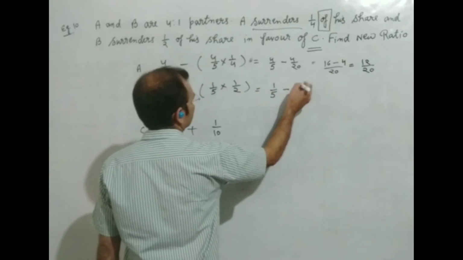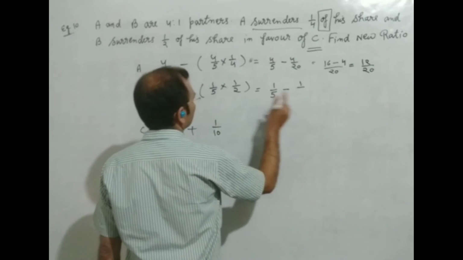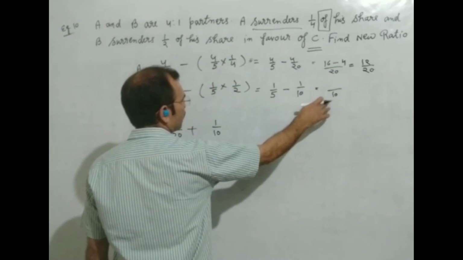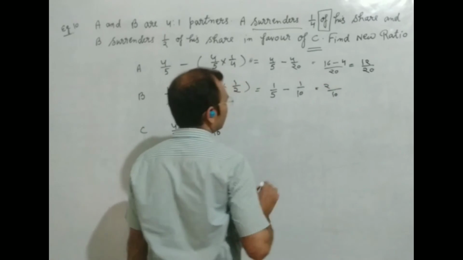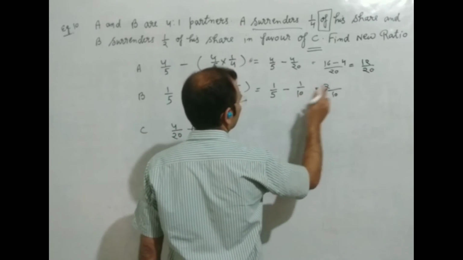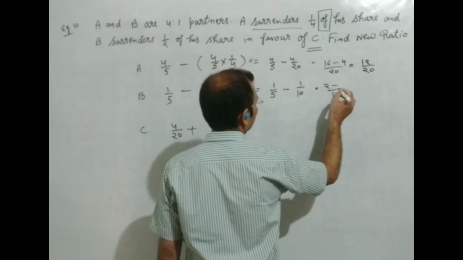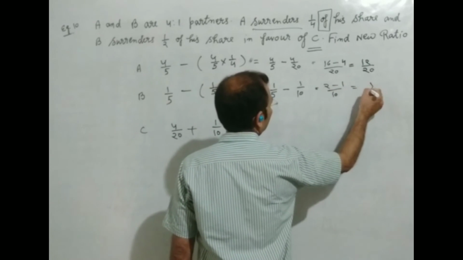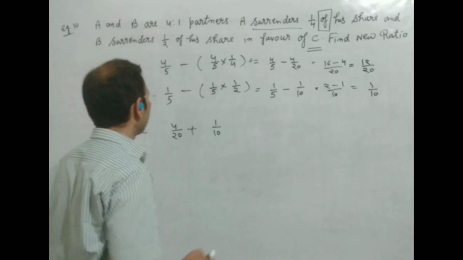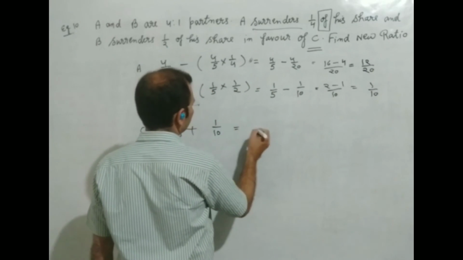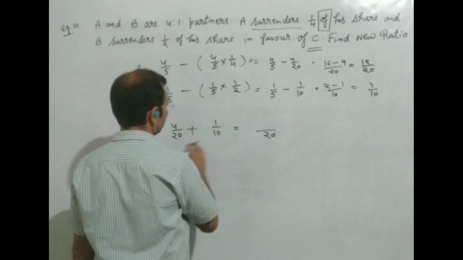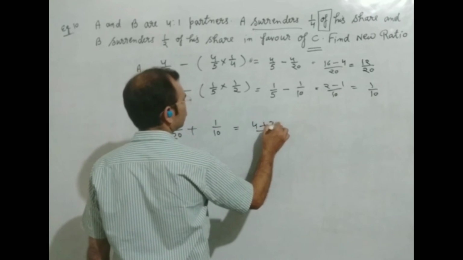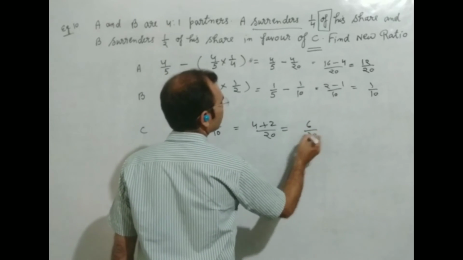Now we will solve here. 1/5 minus 1/10. Take the LCM 10. 5 2s are 10, 1 2 is 2, minus 1, 1/10 will come here. 20 will come for C: 1 4 is 4, plus 10 2s are 20, 1 2 is 2, 6/20 will come.